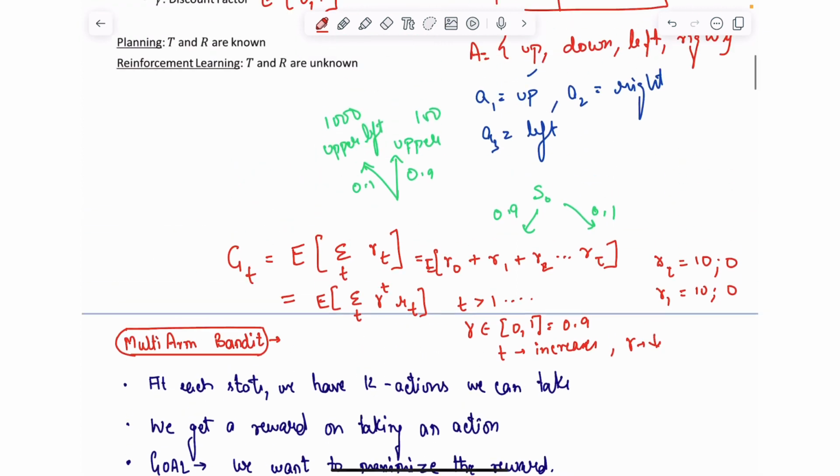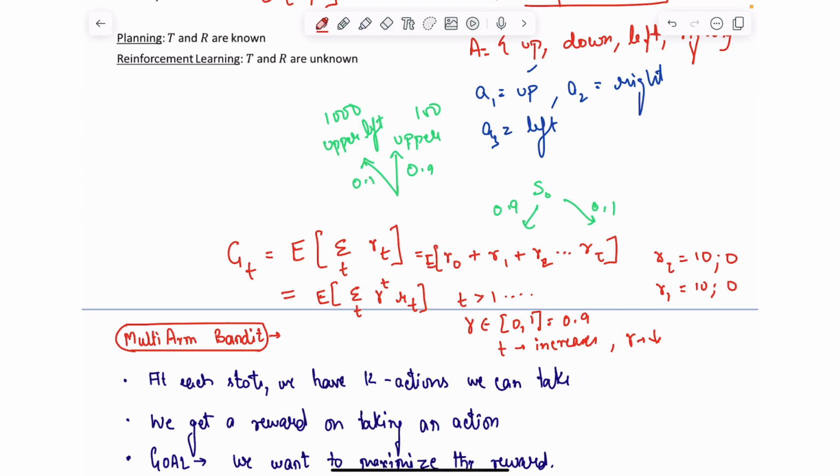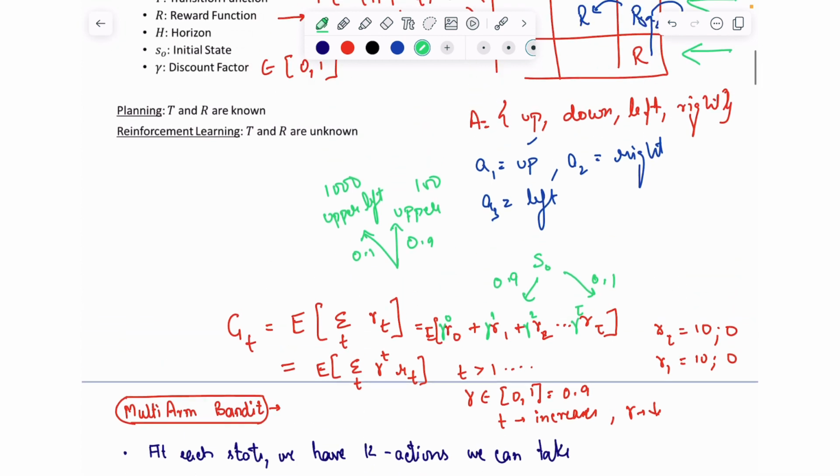So that means you focus more on the near short term rewards rather than the long term rewards. So you have gamma raised to power 0, gamma raised to power 1, gamma raised to power 2, up to gamma raised to power tau. As t increases from 0 to tau, the value of gamma raised to power t decreases. So you are focusing more on the short term rewards as compared to the long term rewards, right?